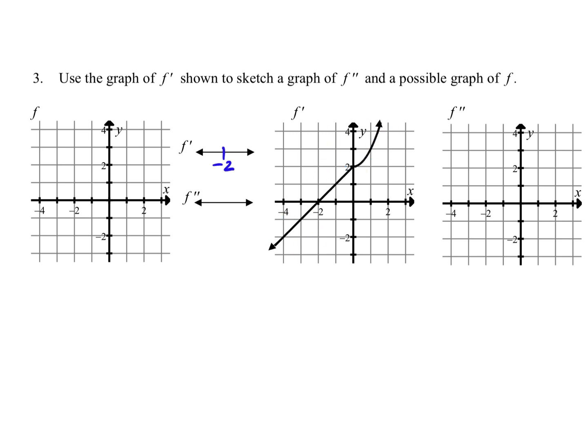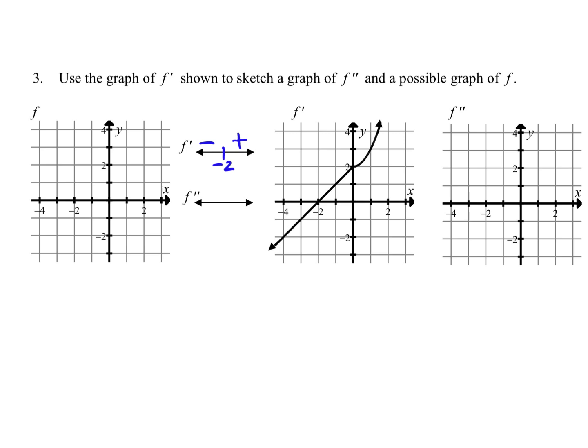Okay, so negative 2 is where I really have to check. And so I'm positive here because these are all positive. I'm negative here. And what that tells me about the graph is that it's going to be decreasing left of negative 2 and increasing right of negative 2. Okay?